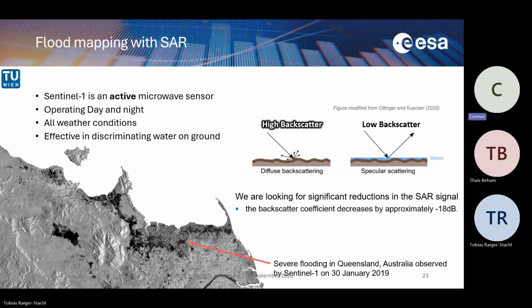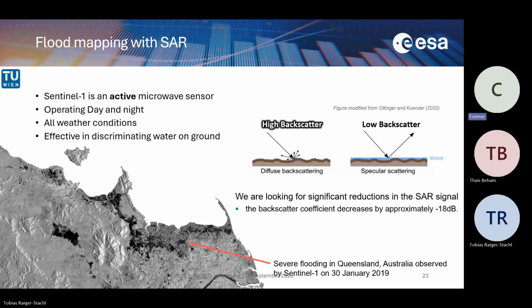That's why we see higher backscatter values here over land, especially these bright areas. Where we have water, we have specular scattering, which means the signal is not really bounced back to our sensor. That's why we don't record much energy, and therefore we have a low backscatter. So that's, let's say, the baseline.